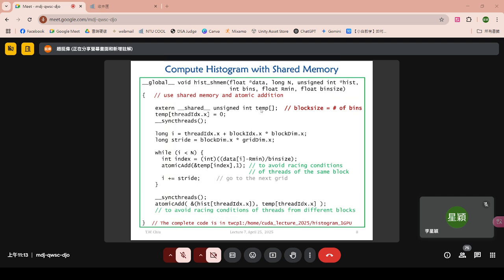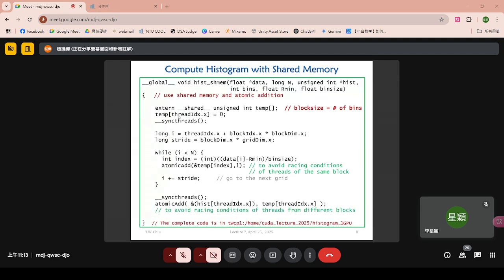So the block size equals the number of bins. If the block size is not equal to the number of bins, then it seems unlikely you can use shared memory.